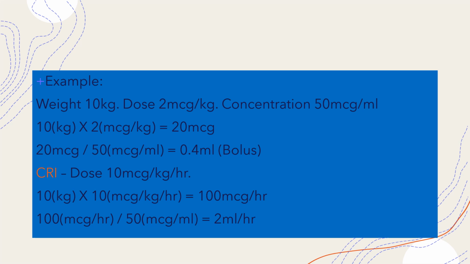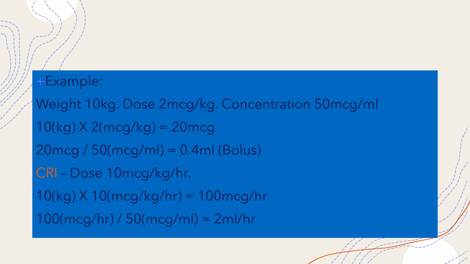So you do your body weight, 10 times 2, which gives you 20 micrograms. Divide that by 50, because that's your concentration, and this gives you your bolus of 0.4 mil. You can give this every 20 minutes, but you can also up that dose to 5 micrograms within that 20 minutes if need be.